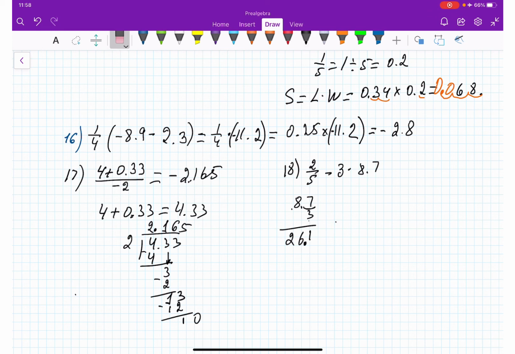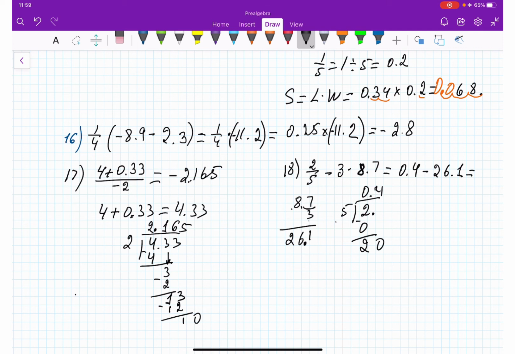26.1. Okay, now we need to convert 2/5 into a decimal. So I'm dividing 2 by 5. 0, right? Adding 0, 20 divided by 5 is 4. Okay, so we are getting 0.4 minus 26.1.